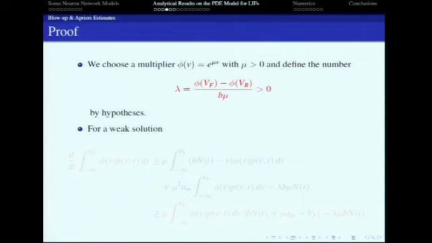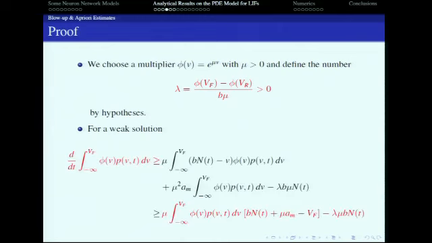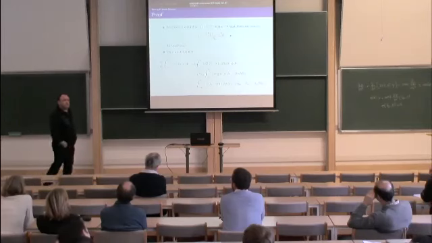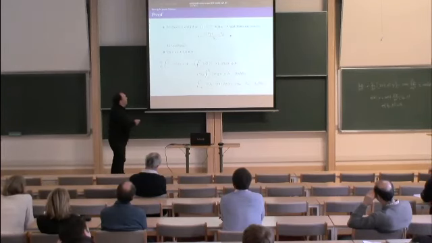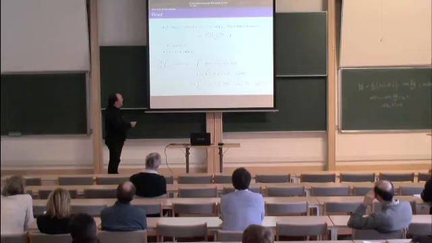Okay, so the idea is, let's use this as multiplier in my equation, so we use it as a test function. I just define this number because it's going to appear in the formula, and I'm going to play with it. So then you just use the notion of weak solution, use this as a test function, and I show you the proof because it's not difficult at all.